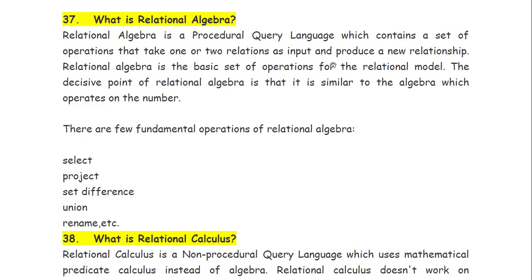This contains some basic operations for the relational model. The decisive point of relational algebra is that it is similar to the algebra which operates on numbers. Now, this relational algebra operates on the data. Some fundamental operations are select, project, set difference, union, rename, where select and project are the unary operators.